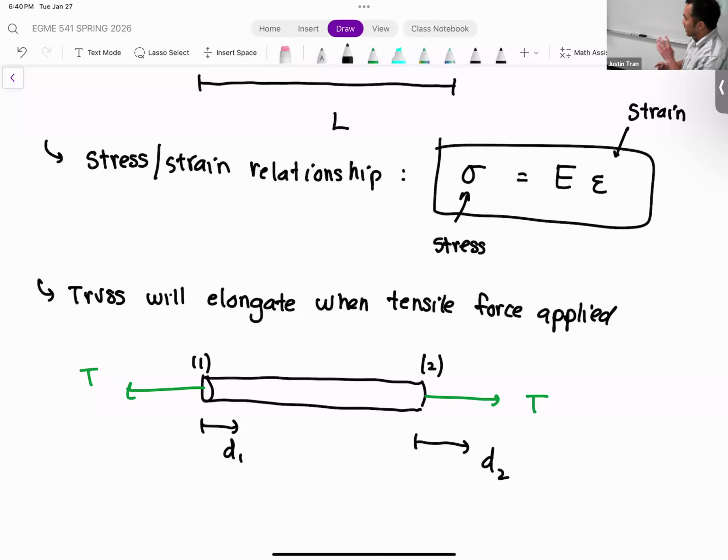All right, so let's take our definition for the stress-strain relationship in a truss element, and let's relate it to the variables that we have down here below. In other words, we want to rewrite the stress and we want to rewrite the strain in terms of the quantities that we have on our element here.